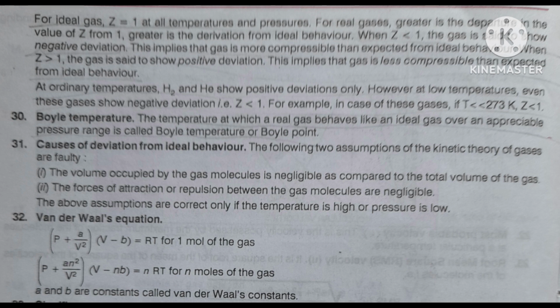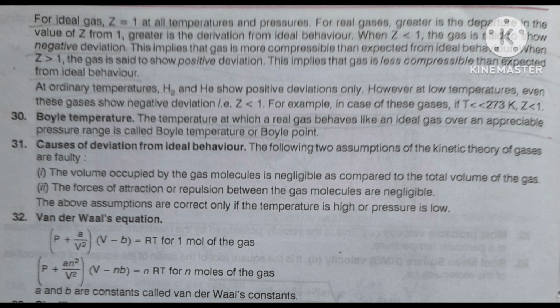Then what will be the unit? For the pressure you have to write atm, atmospheric pressure. The volume square is there, then L square, V square is there. Correct? Then here you have to write L square divided by n square.